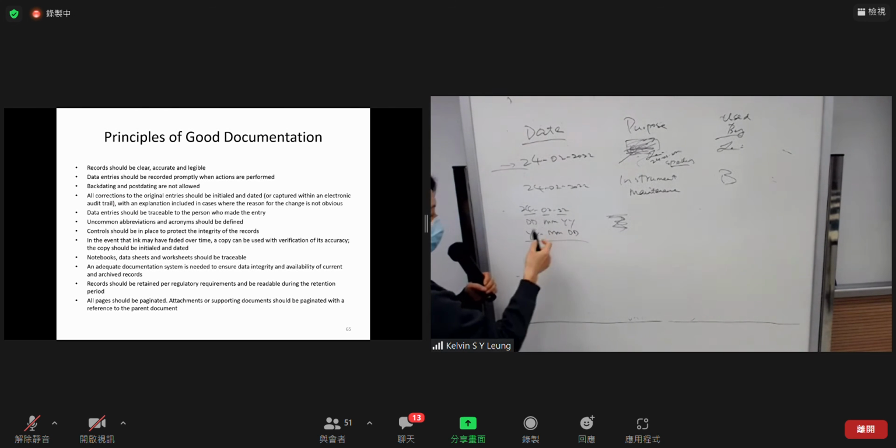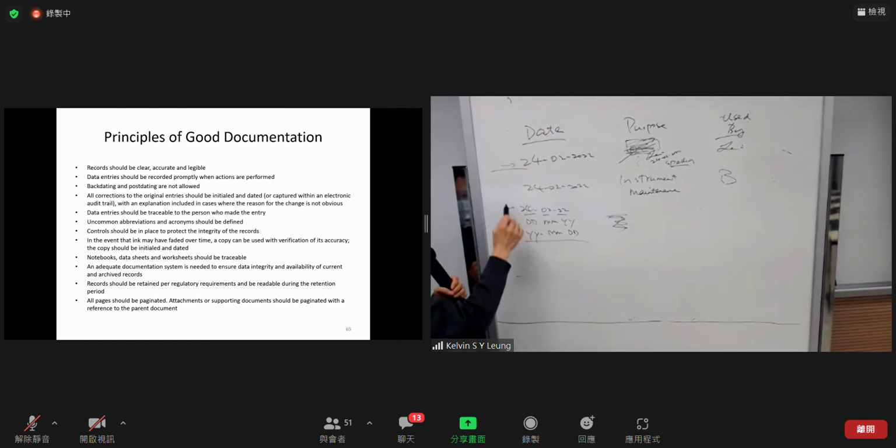So you have to define in your quality system to let the operator know in what way the date is to be input, the format.